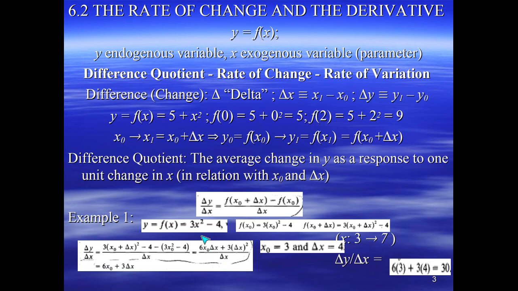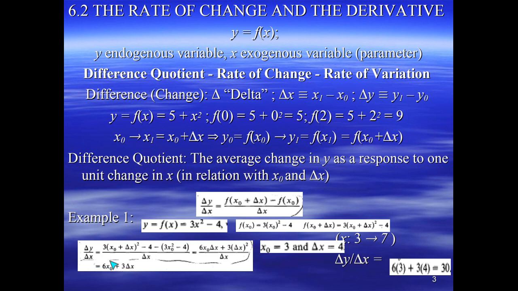So we can simplify. We simplify these delta x's and we obtain 6x0 plus 3 times delta x. Here we have delta x squared, which is simplified with 1 delta x at the denominator. We remain with 3 delta x, you see. So all in all, the delta y over delta x is equal to 6x0 plus 3 delta x, you see. So this is the expression of the rate of change or rate of variation or difference quotient.